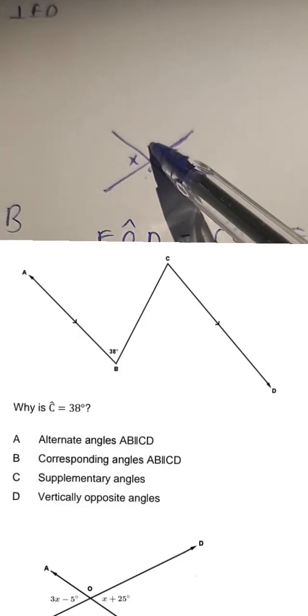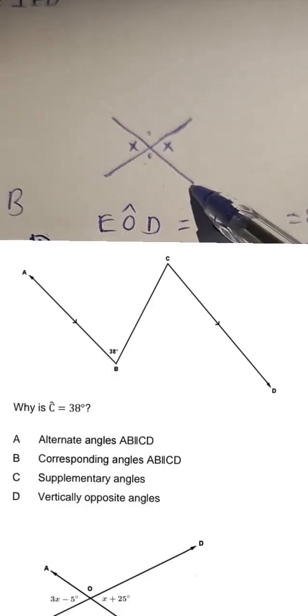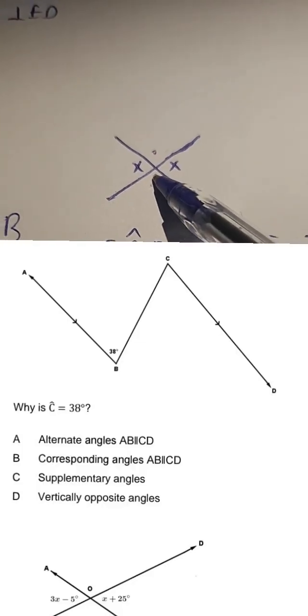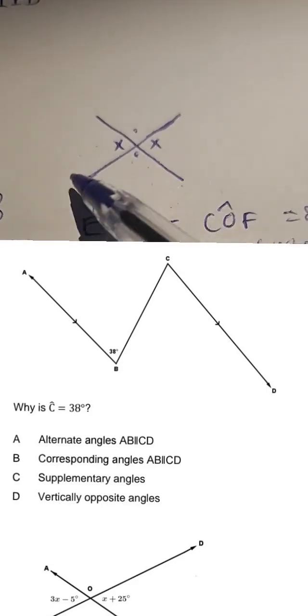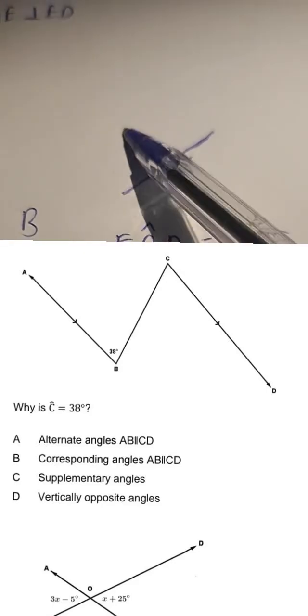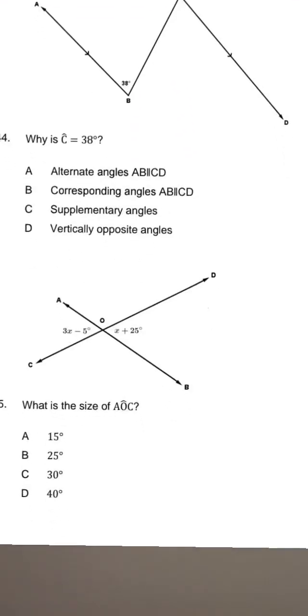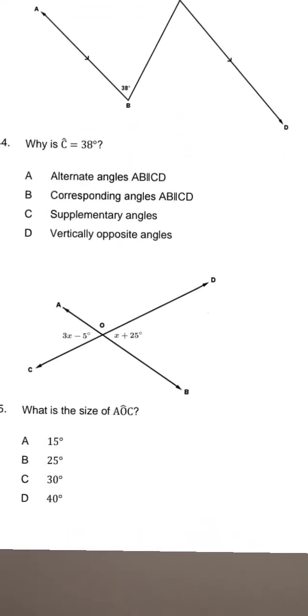These are angles that are formed opposite each other by intersecting lines. So that angle is equal to that angle, vertically opposite angles. That angle is equal to that angle. Those are also vertically opposite angles. As long as the lines are straight and intersecting, we say these are angles that are vertically opposite. So C and D are not really the options we choose.